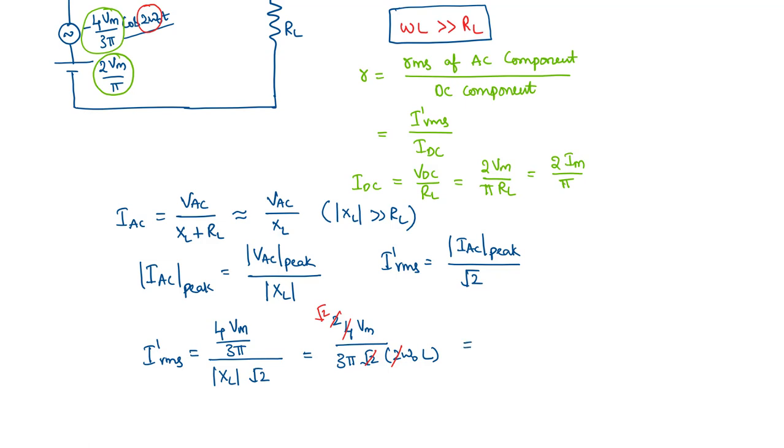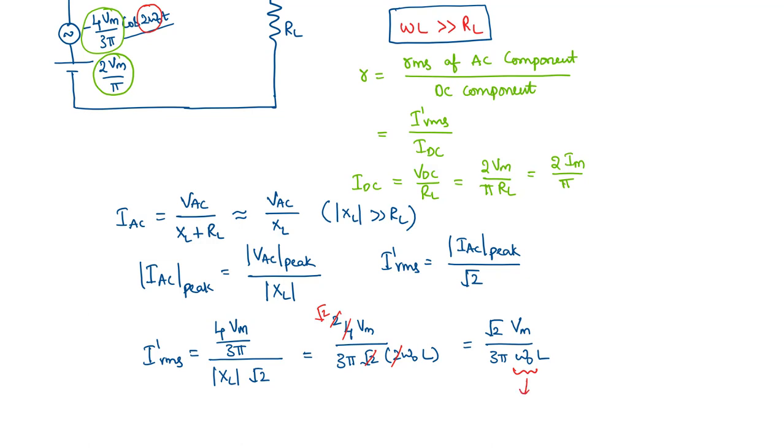The resultant value I dash RMS is square root 2 Vm over 3 pi omega naught L. You have to remember that omega naught is the input mains supply frequency.